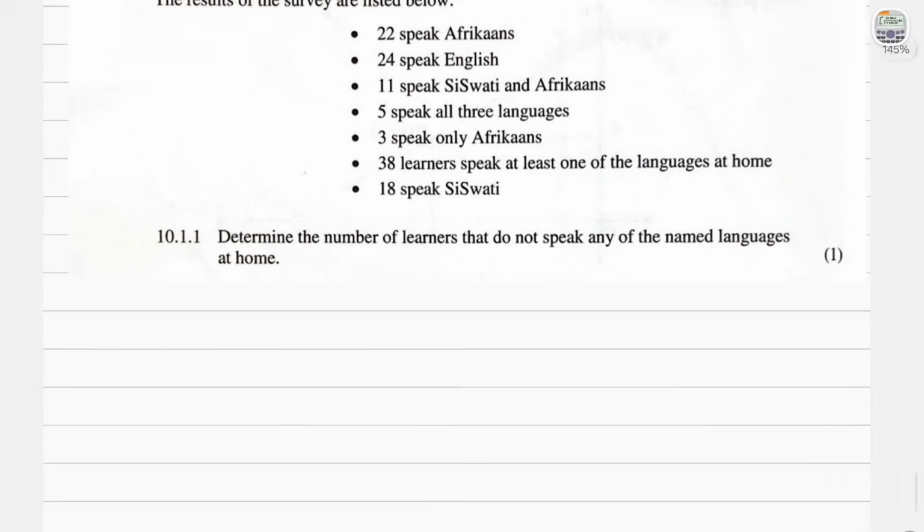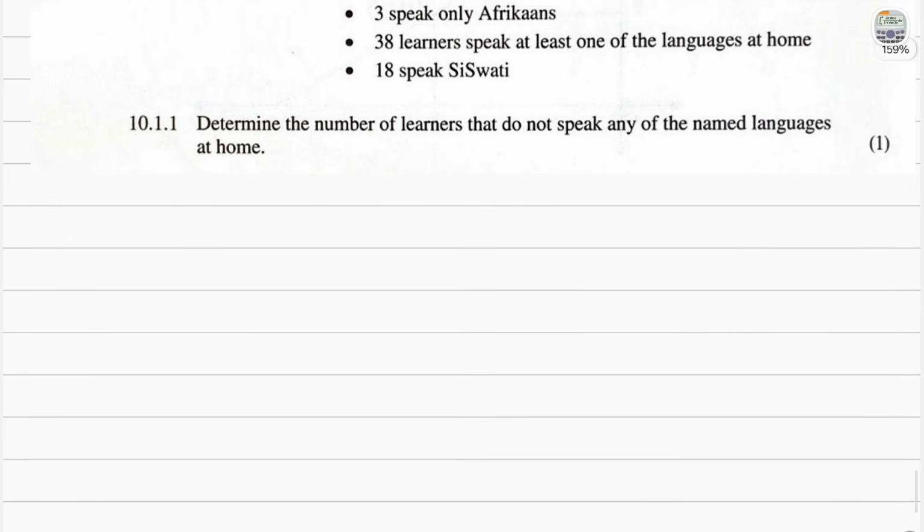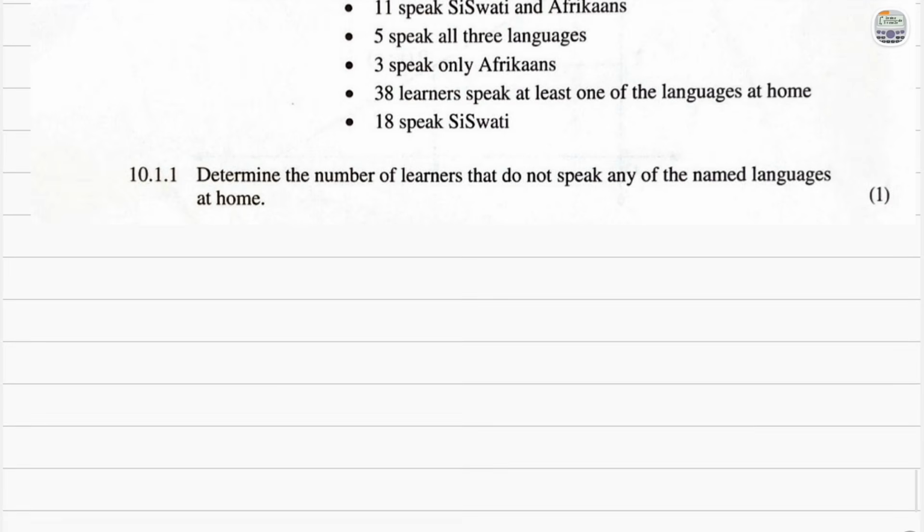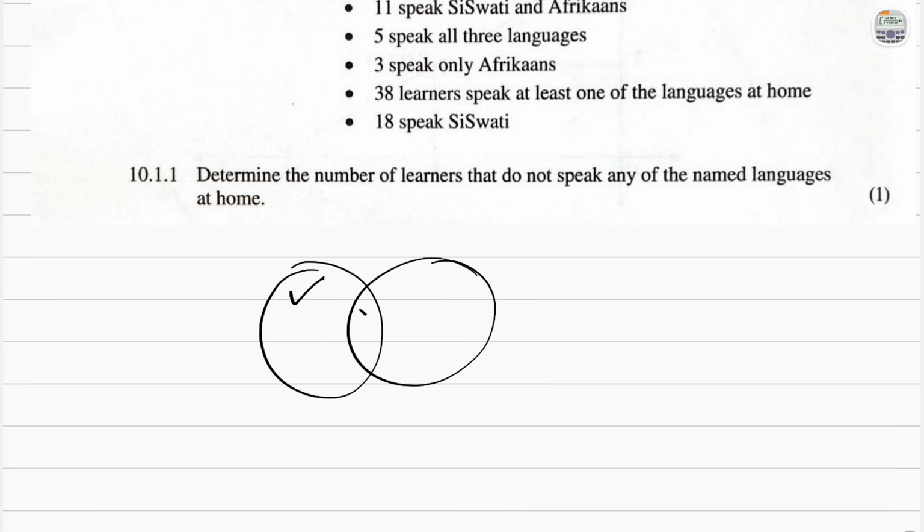So you're going to have learners who speak more than one language, but in total, 38 learners speak at least one. This would include people who speak only one of the languages, people who speak both, and people who speak all 3 of the languages.